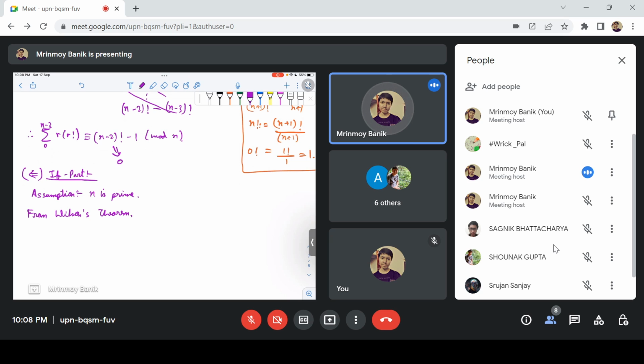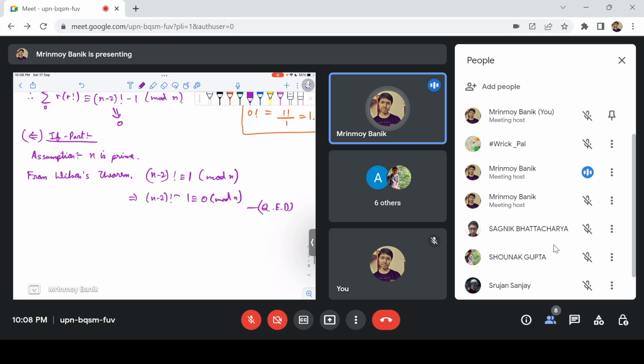From Wilson's theorem, n minus 2 factorial is 1 mod n. That implies n minus 2 factorial minus 1 is 0 mod n. So this side is done.